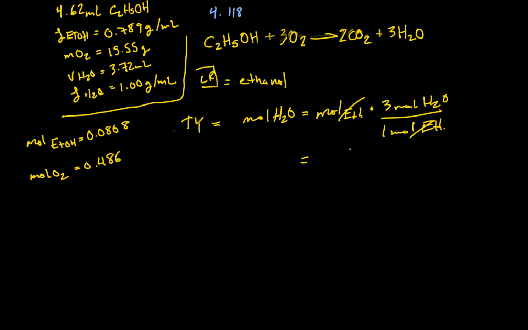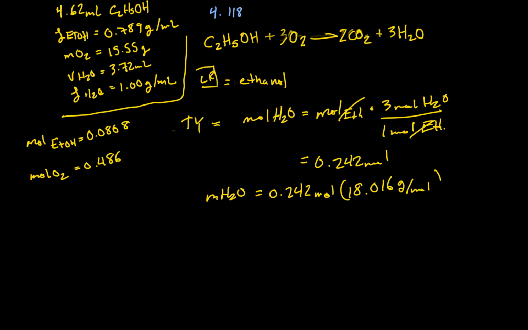That gives us a total of 0.242 moles of H2O. Then we need this in mass, so we multiply by the formula weight of water. 0.242 moles times 18.016 grams per mole gives us a total of 4.37 grams.